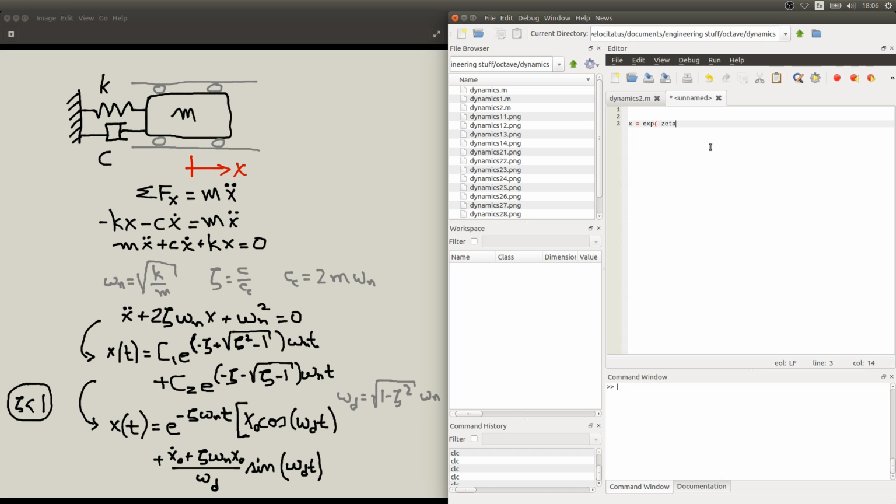So let's start by simply writing all these terms as we have it here. So we have the exponential times the two terms in cosine and sine for our equation. Just be careful that now we have omega n and omega d.